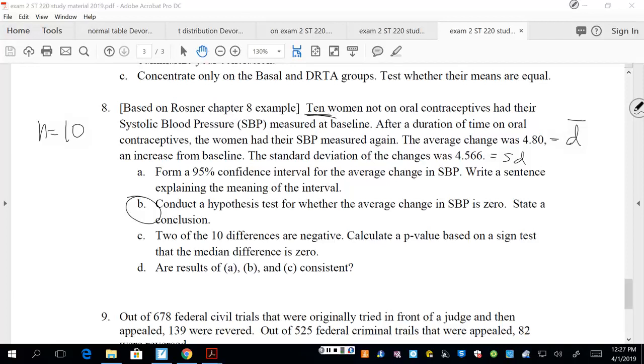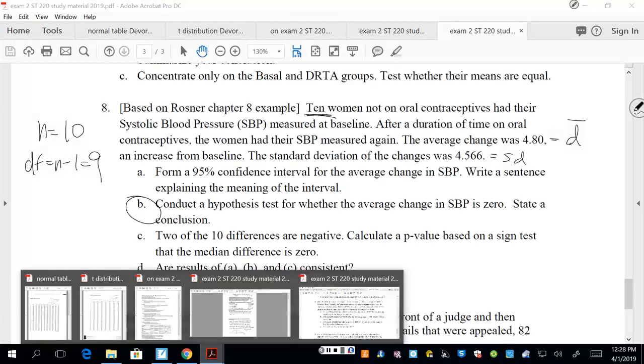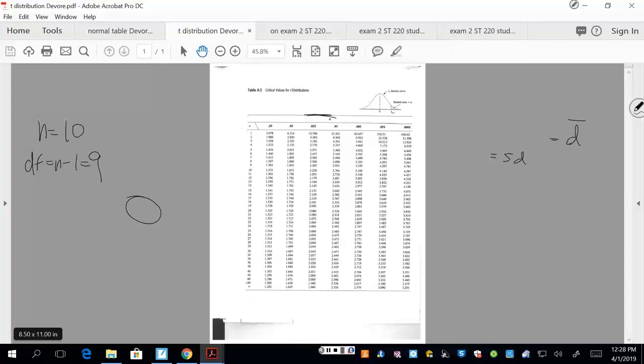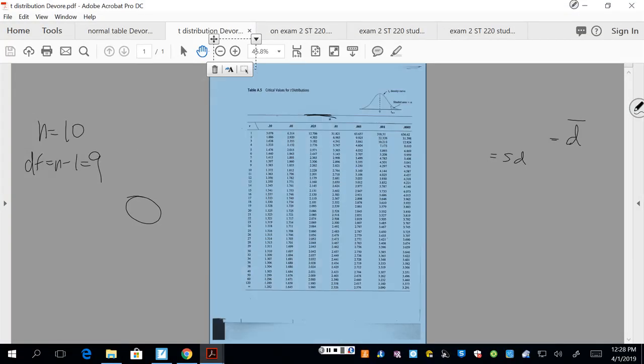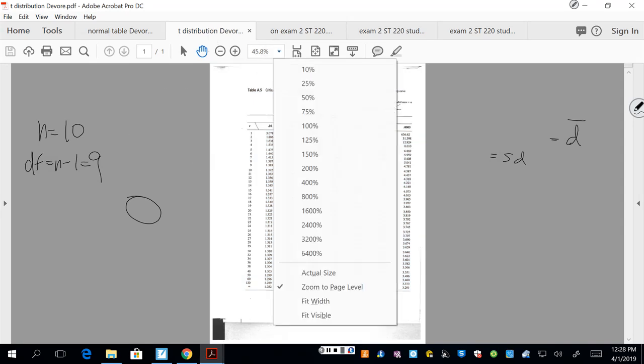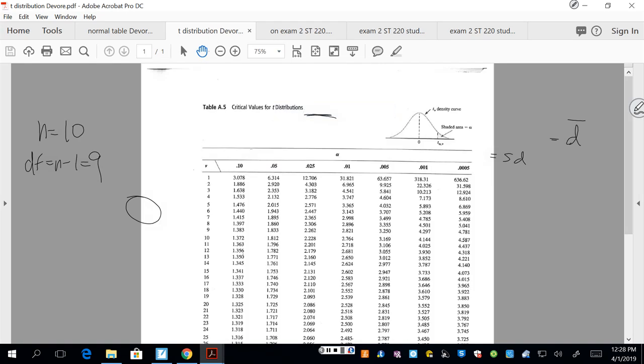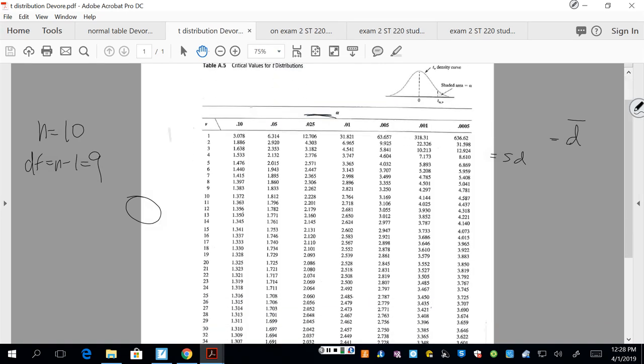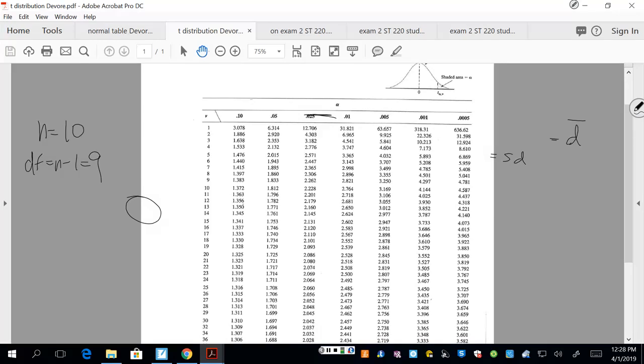So with 10 women, the degrees of freedom for this matched pair is n minus 1, so 9. If you look at the T table, at 9 degrees of freedom, we're going to look over here, 2.262.